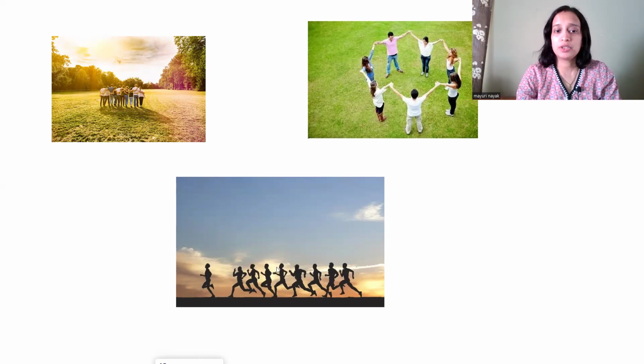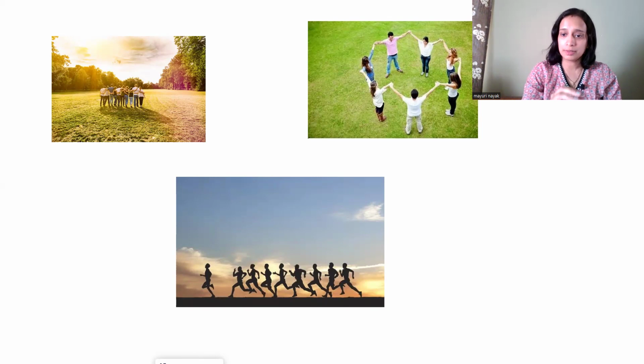While in the third picture, these people are running far apart from each other. So tell me, if we want to break a group, which group is the easiest to break? Obviously, this third group is easier because they are far apart. So, based on this idea, today we will study the matter.